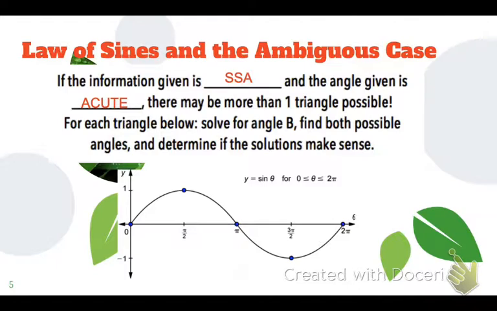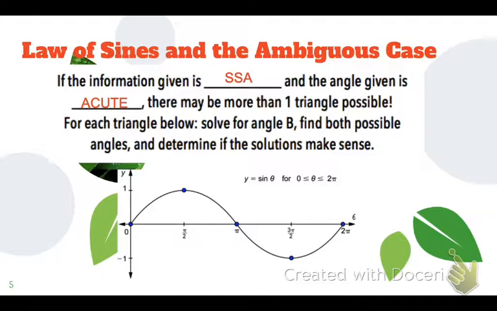We have to talk about first this idea of an ambiguous case. And so the ambiguous case says that if the information in your triangle is given as side-side-angle, meaning you have 2 sides and a non-included angle, and sometimes you have to go back and think about your triangle congruencies and how we used to name those in the triangles to help us with these problems.